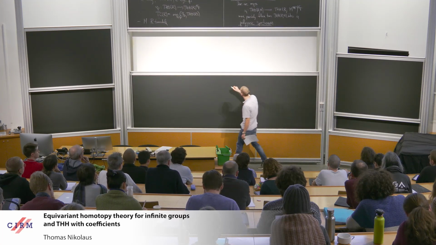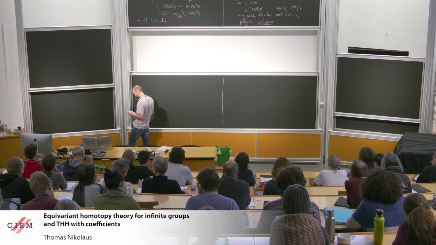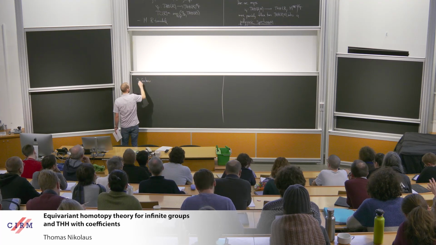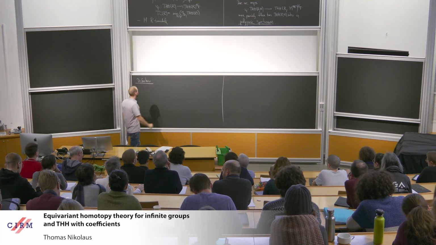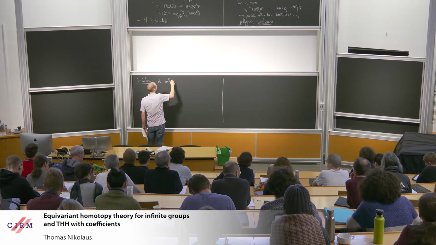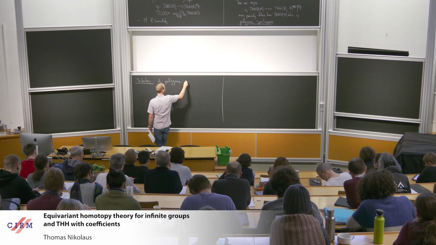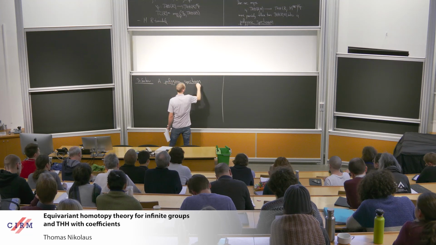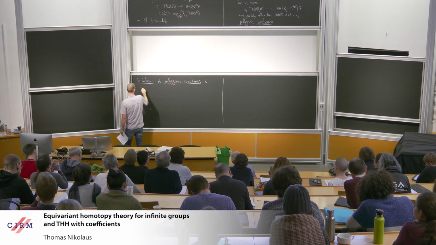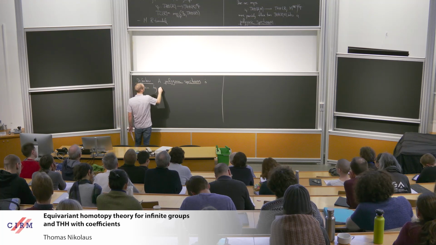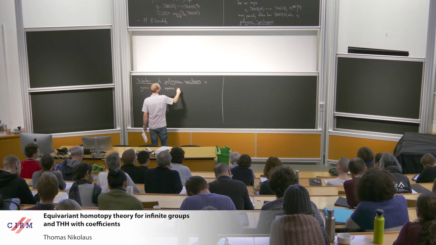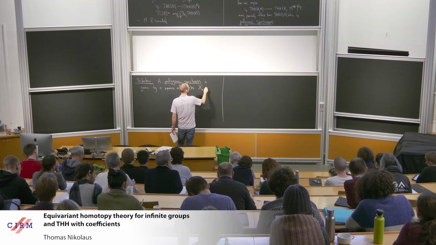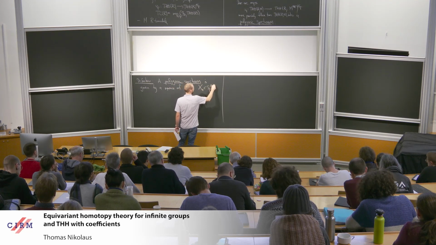Right, so what is a polygonic spectrum? A polygonic spectrum is the following definition. A polygonic spectrum is given by a sequence of spectra X_n, and that's a spectrum with C_n action.